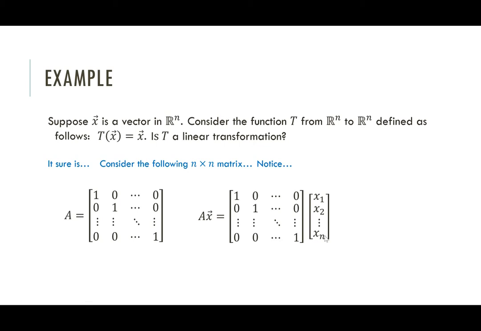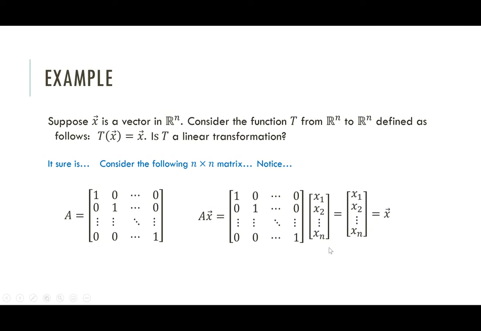If we start calculating this product, the first row dotted with this vector will just be x1 times 1 and 0 times everything else. So the first entry of the output vector will be x1. The second row dotted with the vector leaves x2 as the only thing that doesn't get killed by zeros, and so on all the way down to xn.